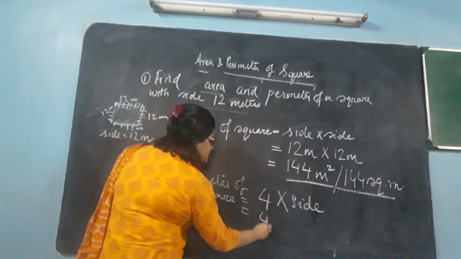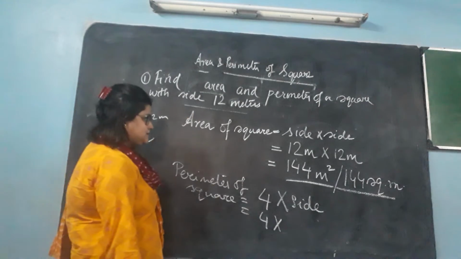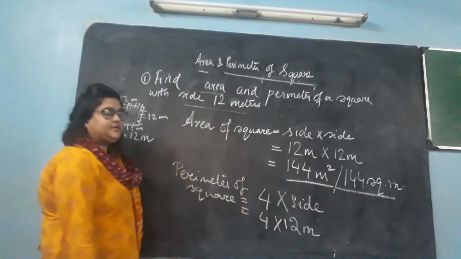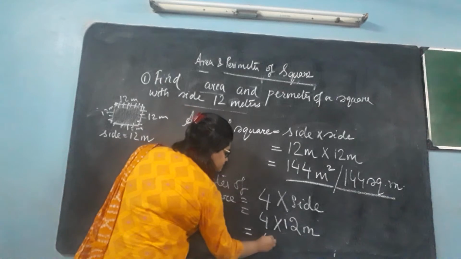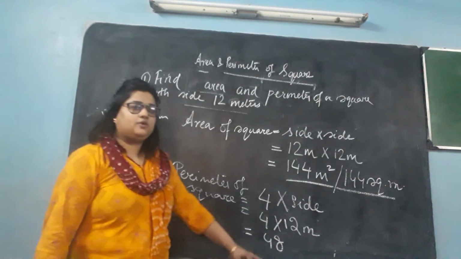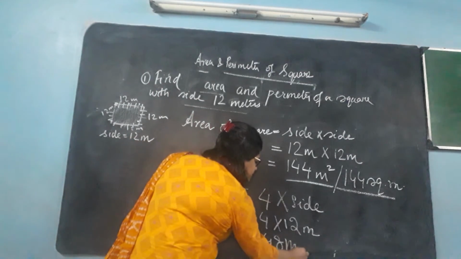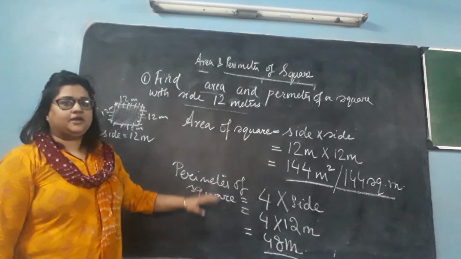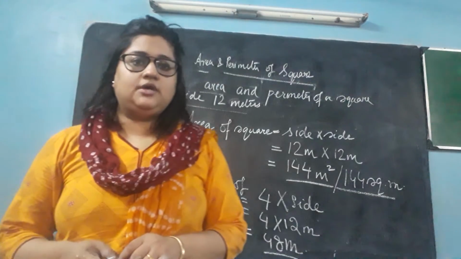So 4 into the value of side, 12 meters. Now multiply 4 with 12, 48, and the unit is only coming once, and I said perimeter always has singular units. So 48 meter is the perimeter of the square, and this is the end of question number 1.